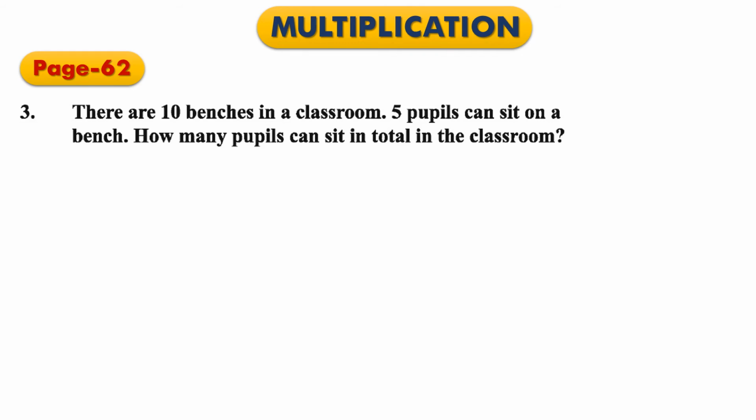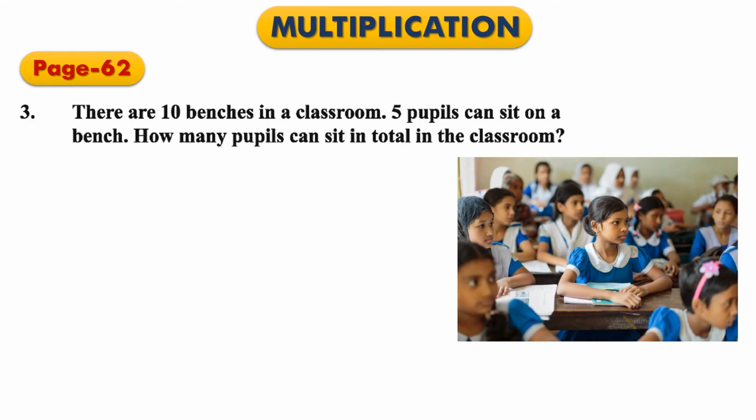In the next question, number 3, it shows that there are 10 benches in a classroom. 5 pupils can sit on a bench, and how many pupils can sit in total in the classroom? As you know, maybe you are missing your classroom, you are not sitting in your classroom for a long time, but let me remind you, with this picture you can see that some students sit on the benches.